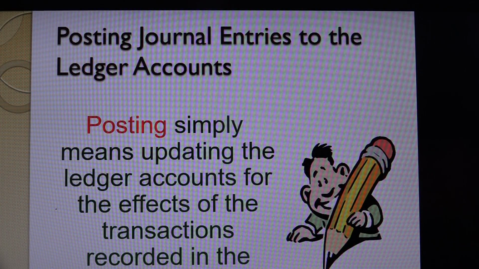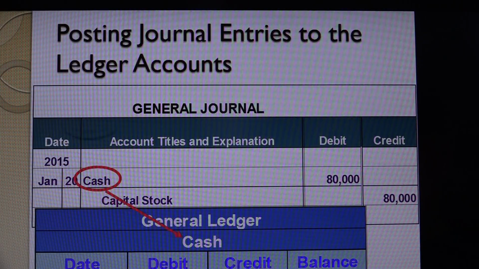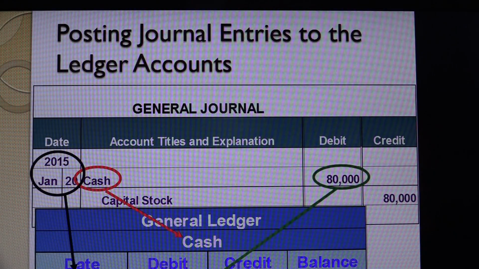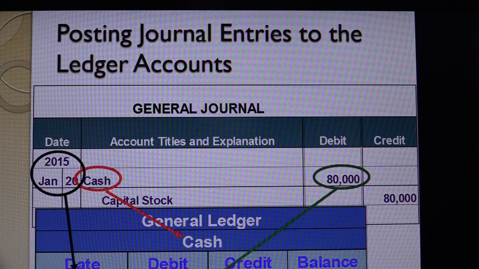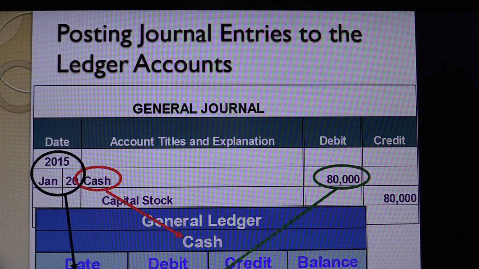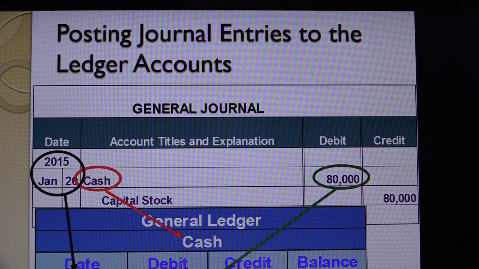So posting simply means updating the ledger accounts for the effects of the transactions recorded in the journal. So notice your general journal and your ledger accounts match up. And again, with software, it's automatic.